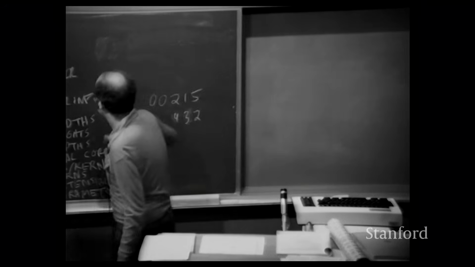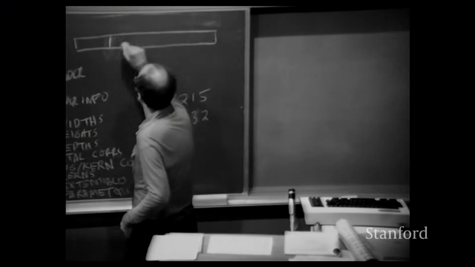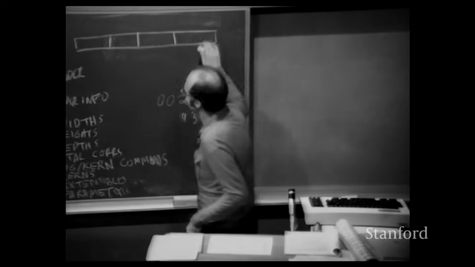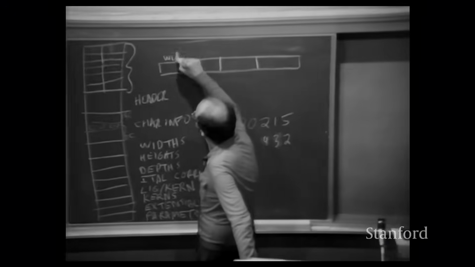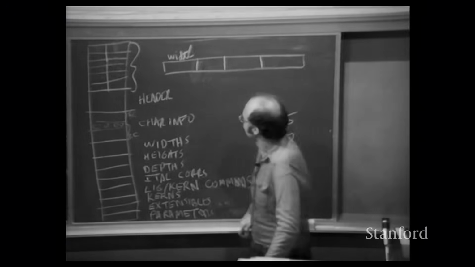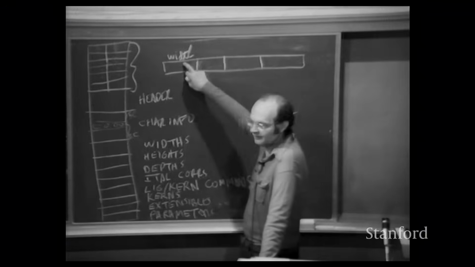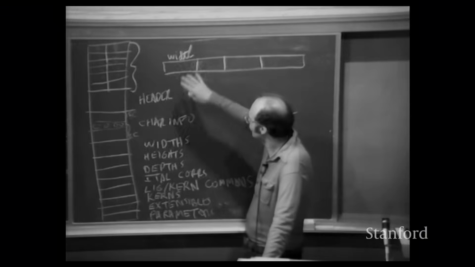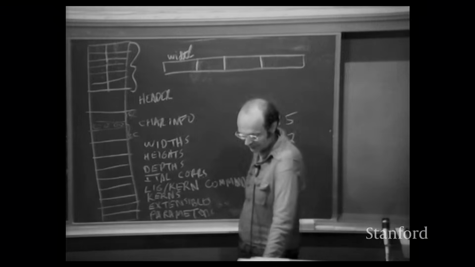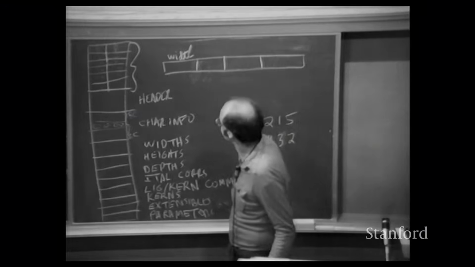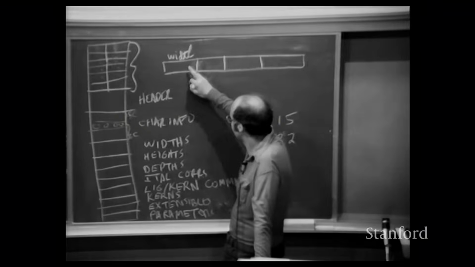Now, the char info words are packed into 4 bytes. The first byte, second byte, third byte, and fourth byte. I guess the 0th, the first, and second. This one is width, and it's a pointer into the width table. If the width is 0, however, this means the character is not there. Just the condition width equals 0 is necessary and sufficient as far as TeX is concerned, saying don't put it in the DVI font, and give an error message if the user wants to be told about such errors.